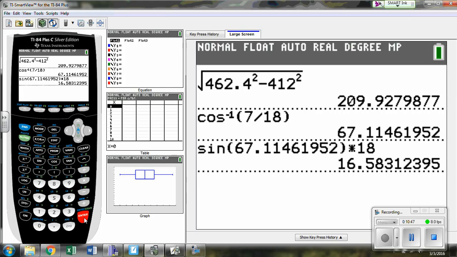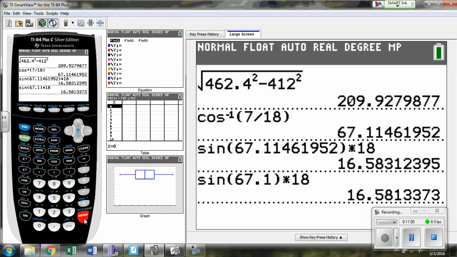I'd like to show you, what if we didn't do that? What if we just typed in 67.1 times 18? We would have got a rounded answer. And so we can see we're a little bit off, but was it that big of a deal?